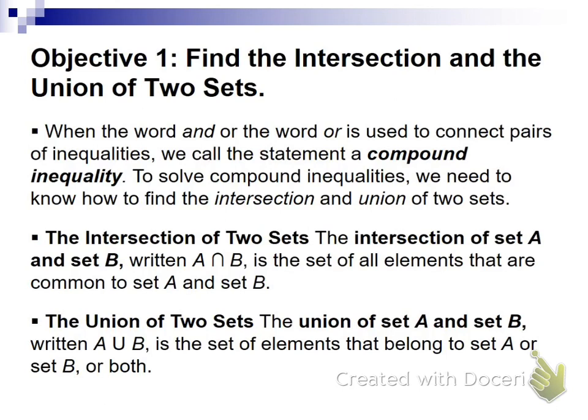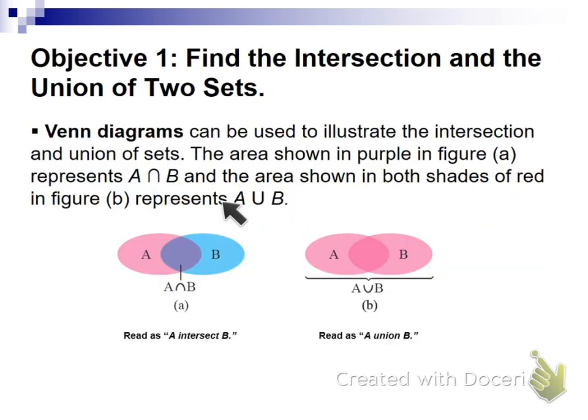I have a diagram to help us understand that. Look right here. This is the intersection of A and B. All of this is a union, because union means anything of A or anything of B. Do we see the difference between the intersection and a union?